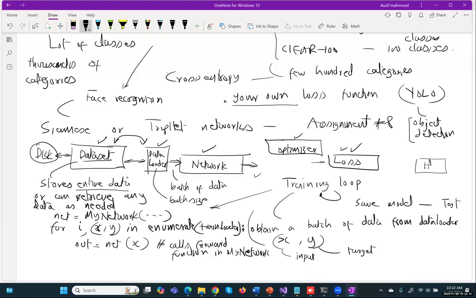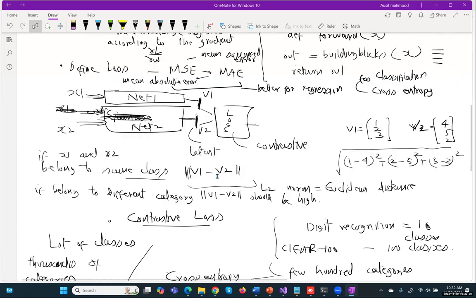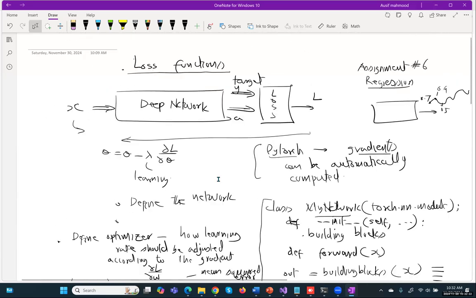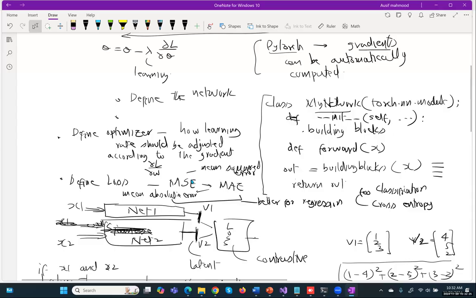Okay, so now it will trigger the forward function. So let me take you back here. See, when we created this MyNetwork, remember one of the things we did in our MyNetwork was, after defining the building blocks, we will write the forward function, okay, where we feed this X through all the parts that we wanted it to go through, and we will return this output, okay?